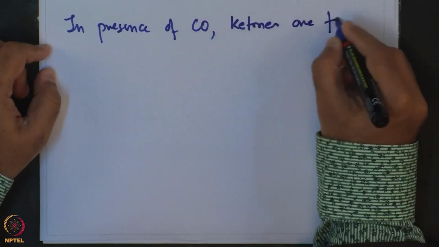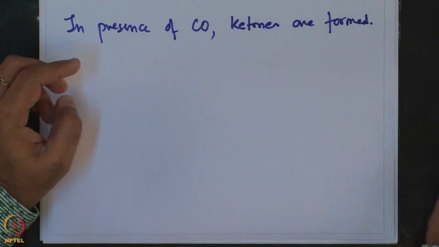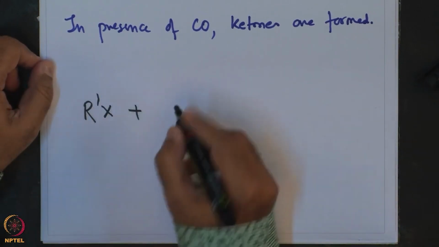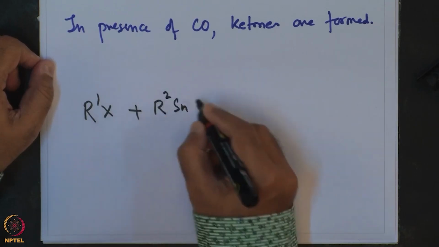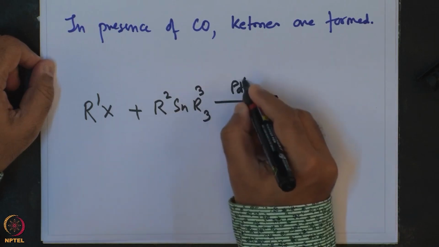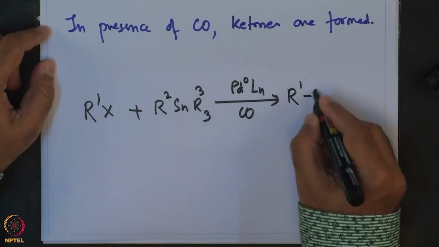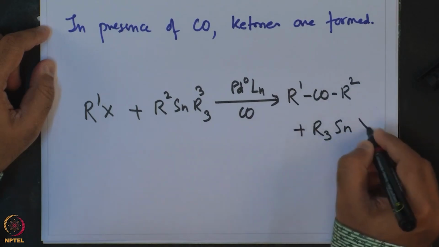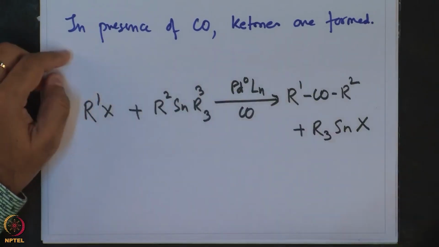This is beautifully illustrated by this example, in which R1X plus R2SnR3 whole thrice, with palladium 0 Ln and carbon monoxide, gives R1COR2 plus R3SnX.